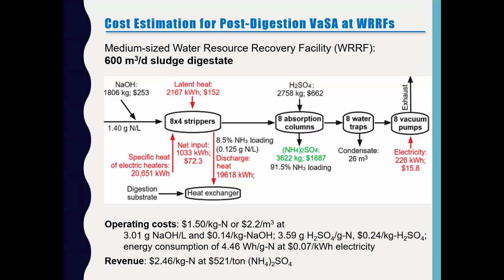And total operation cost is $1.5 per kilogram of nitrogen recovered. And revenue from selling the ammonium sulfate is 2.46. So that means with the vessel, we can make profits, not just reduce the operational cost for ammonia recovery.